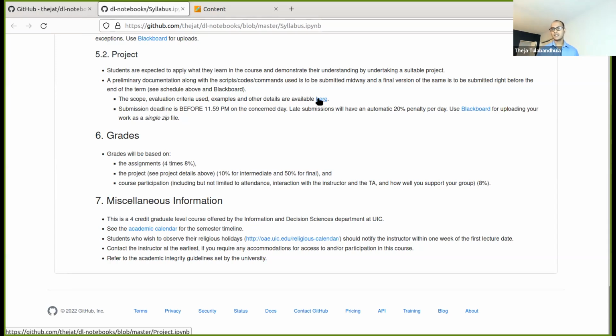Historically, in the last semester, folks have worked on several very different projects: music generation, recommendation, image captioning, and a few others. Actually, also reinforcement learning, trying to make an agent walk in an artificial setting, and so on. That's just an example, but there are several other examples in that link.